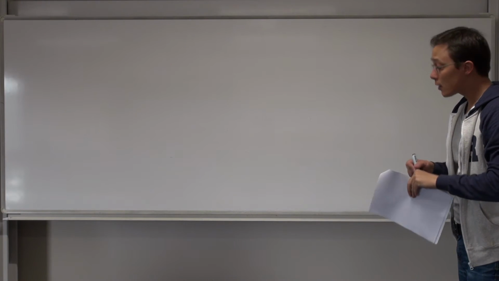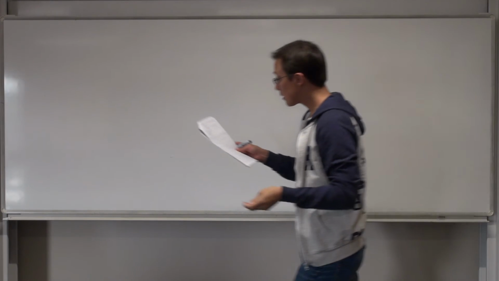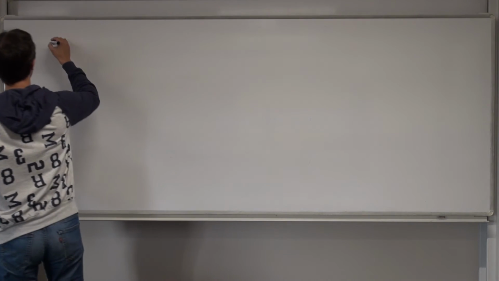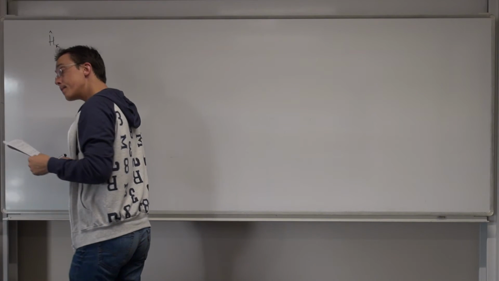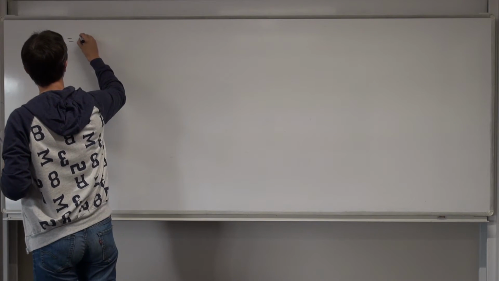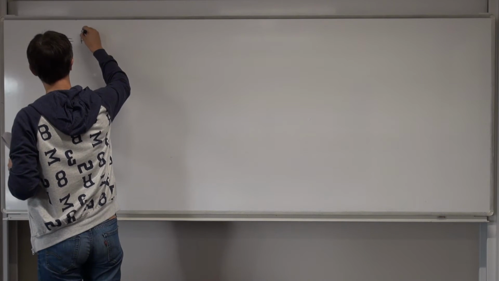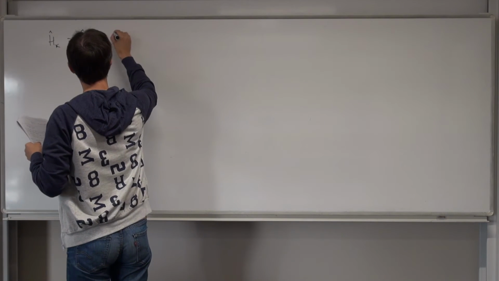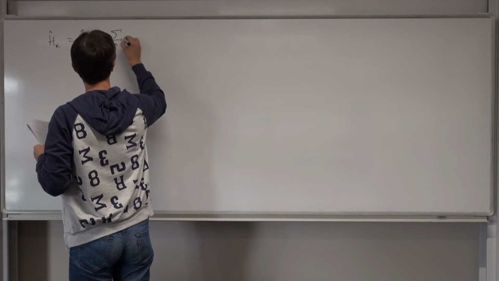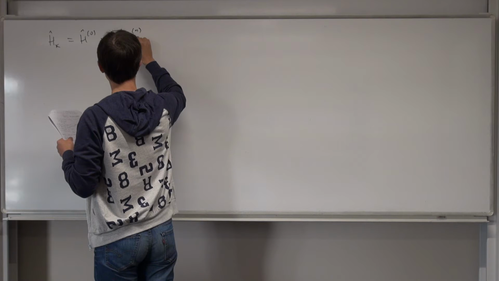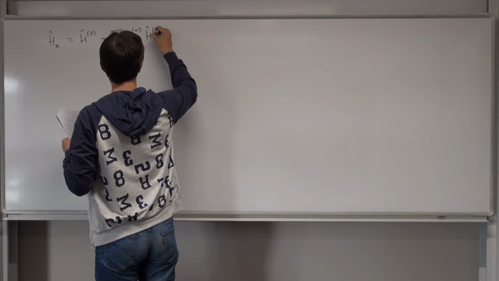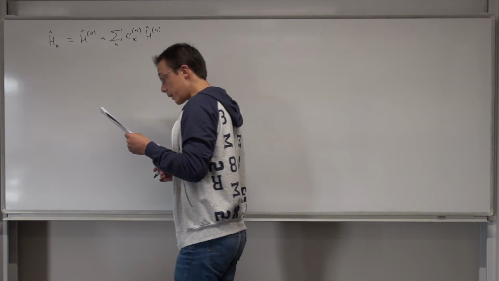Okay, matrix exponential derivatives. Let us make a shorthand. I will denote the total Hamiltonian at time slice k with H_k, and it will be H_0, our drift, plus our controls: the control amplitude of n's control at k's step times the n's control operator.